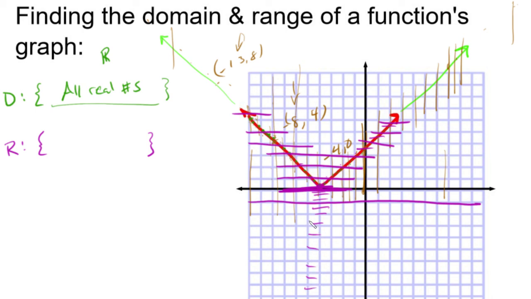Excuse me, if I said domain earlier, I meant range. All of these y values are not in your range, which means only the y values that are equal to 0 or greater than 0 are part of your range. So that means the y's that are bigger or equal to 0 are part of your range. Simple as that.